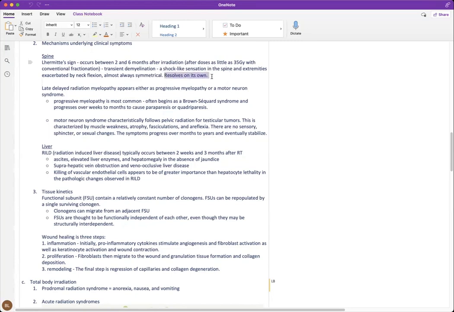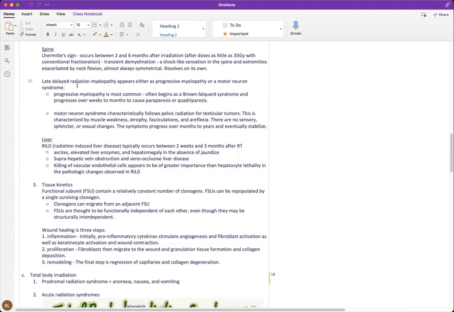It resolves on its own, but if you had a patient a couple months after some sort of spine radiation having these symptoms, you could provide reassurance, or you could be reassured yourself. It happens after doses as little as 35 gray with conventional fractionation, and it's due to transient demyelination.